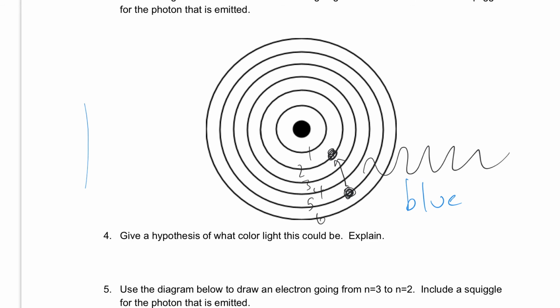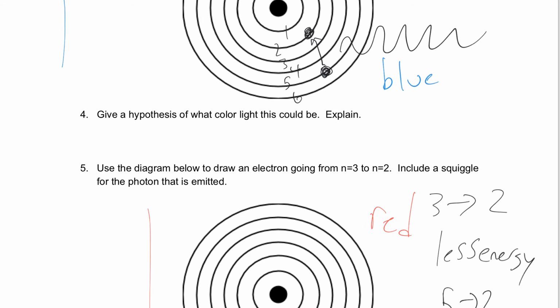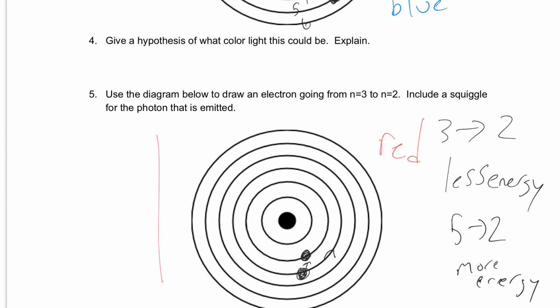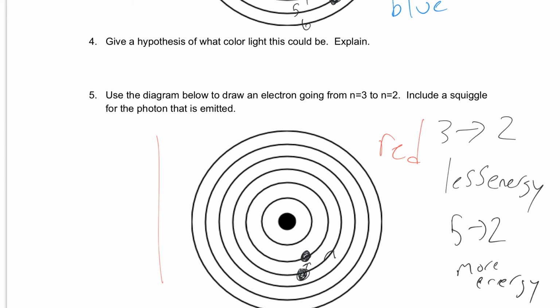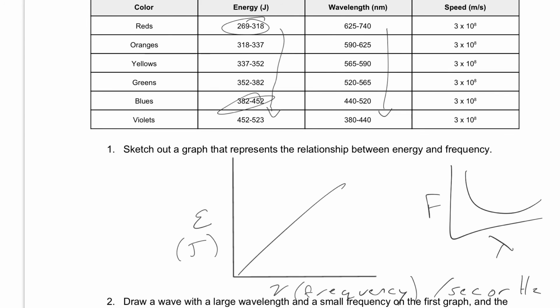So if we were to compare the wavelengths on these two, let's just draw this, we would say that the squiggle, since this one has more energy, let's go back up. If I check this, the wavelength for more energy was smaller.